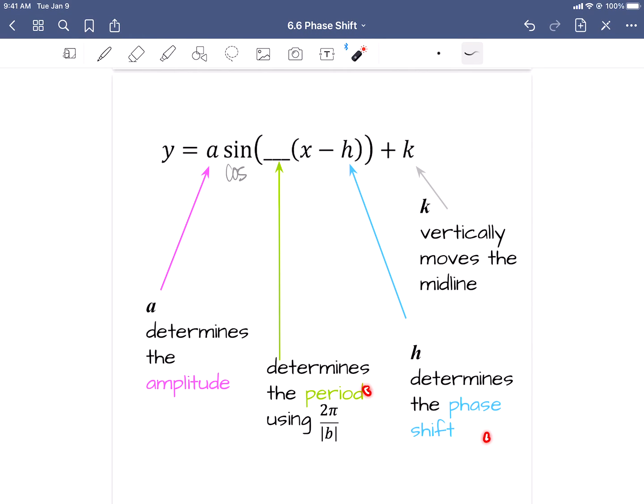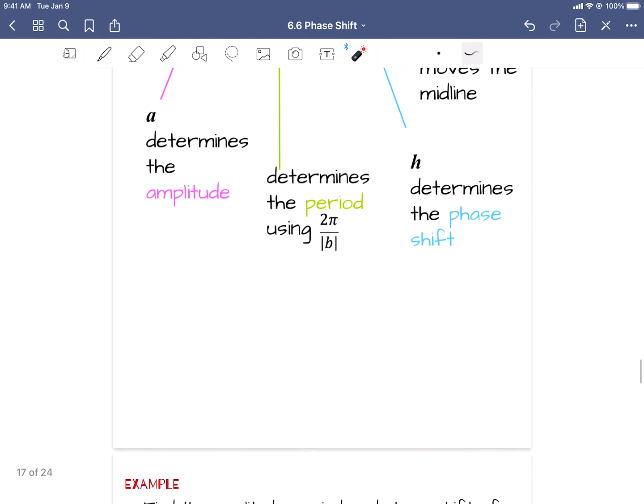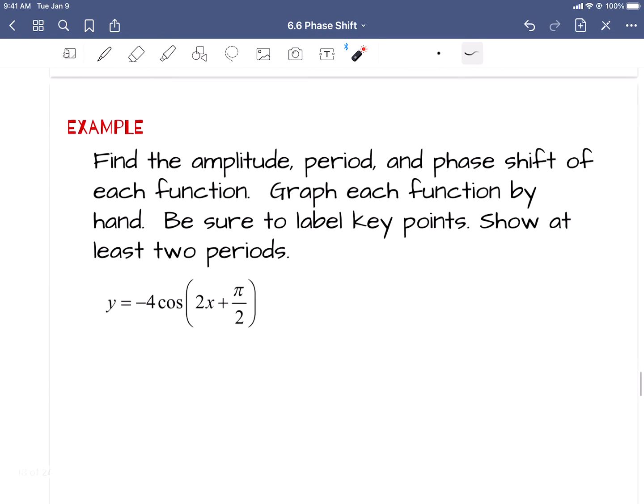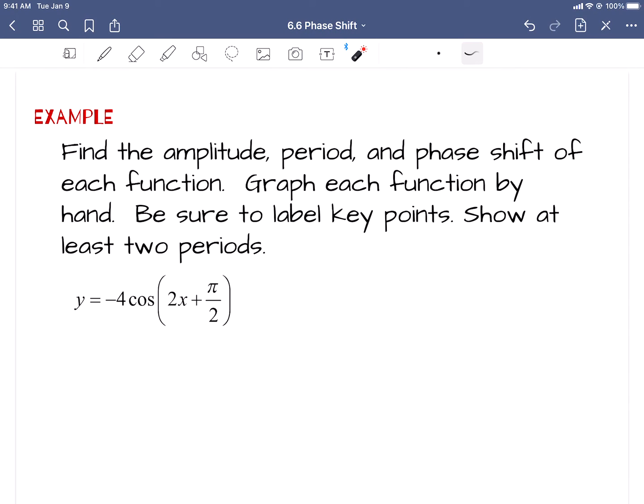I can't say these so much with the cubic function or the square root function. I really only say it for periodic functions. Okay, so here's an example that I didn't finish up with you. I think I just started it with you. So what are we on, the 14-minute mark?